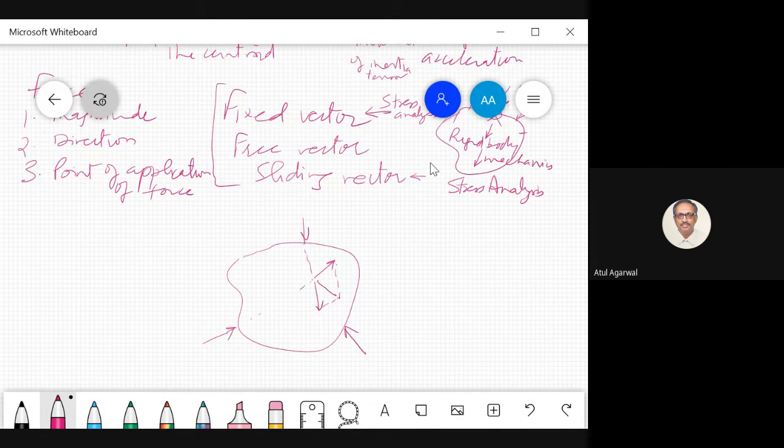So this is a net force due to this. Now these two fellows are there. Now you try to make them intersect. So this is this force, this is this force. So net force will be, so this becomes your final resultant.